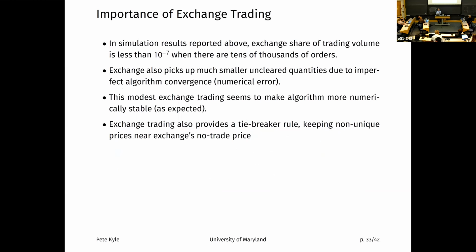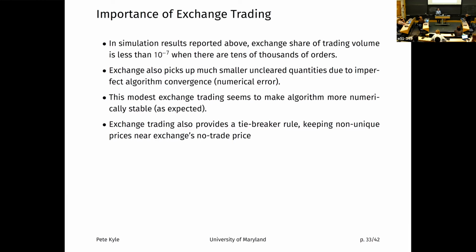Okay, let me keep on going. So, we've added the exchange as a trader, and I said I hope that the exchange didn't have to put too much capital on the table. And the answer is that in the simulations that we did, if the trading volume is $10 million a second, the exchange is trading less than $1 worth of stock. That means the sum of all the volume that it's doing across all 500 stocks is less than $1, so it's like trading less than a penny in each of these stocks.